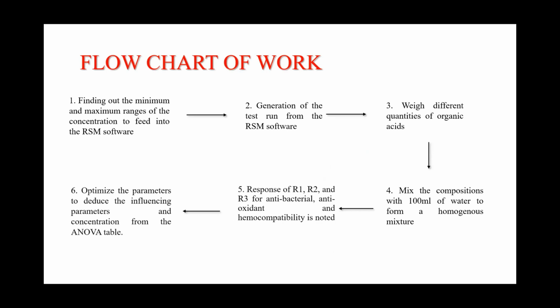After that, we weigh different quantities of organic acid, and after weighing, we mix the compositions with 100 ml of water to form a homogeneous mixture. Then we find out the responses R1, R2, and R3 for antibacterial, antioxidant, and hemocompatibility. And we optimize the parameters to reduce the influencing parameters and concentration from the ANOVA table.